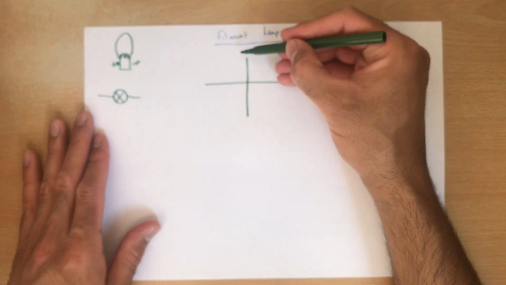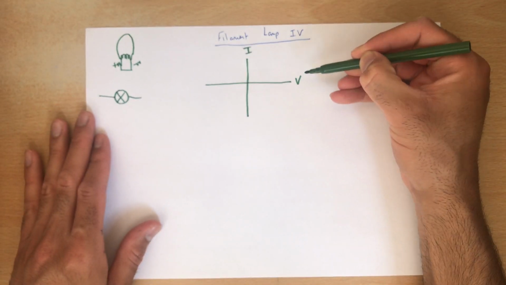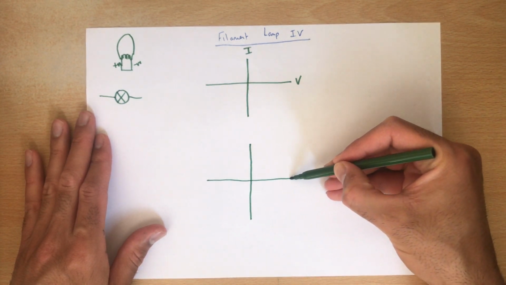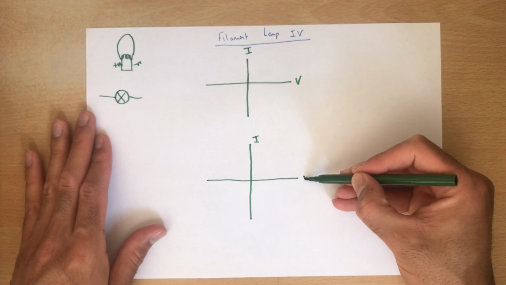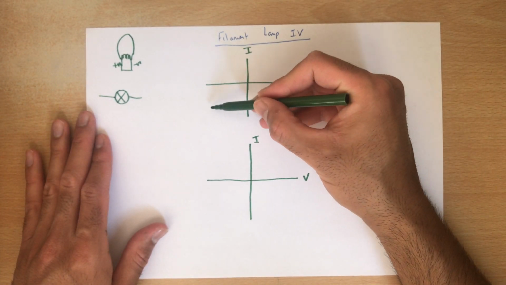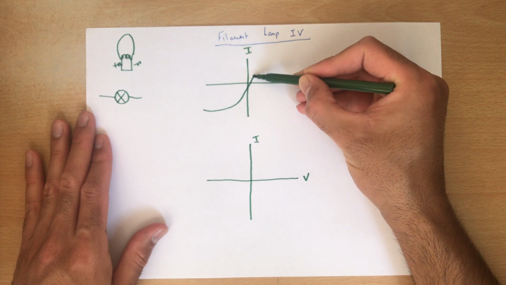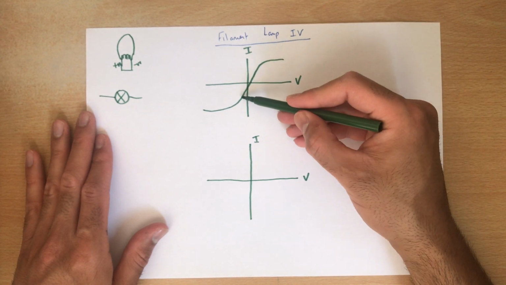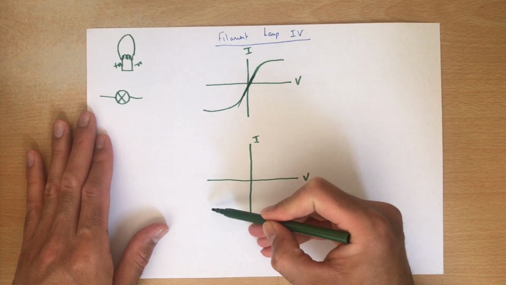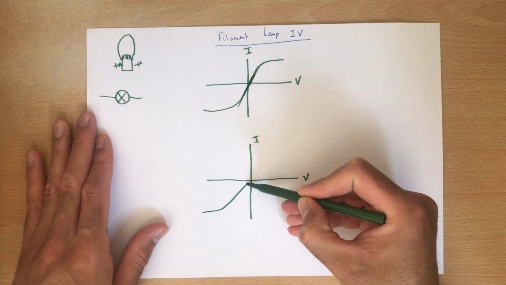So what we have is the current and the voltage, and I'm going to draw two different graphs for you, because from these graphs we're going to analyze both of them. A filament lamp behaves in this sort of manner. It does cross that 0 point like that, and then I'm going to draw exactly the same graph over here as well.